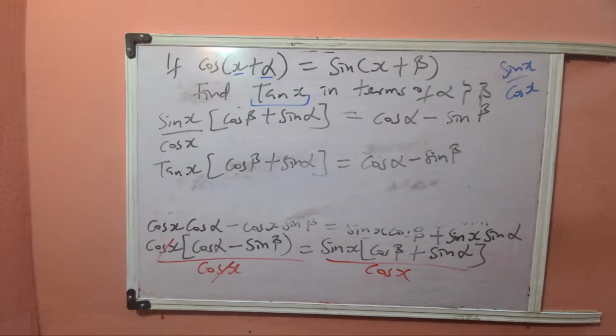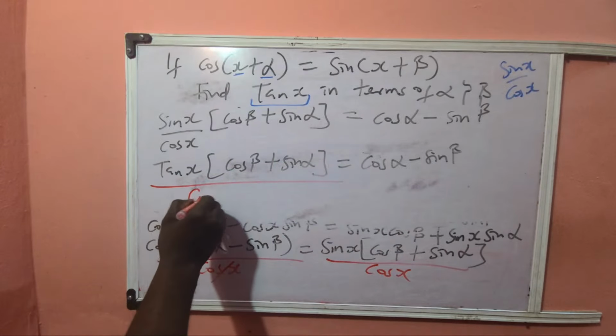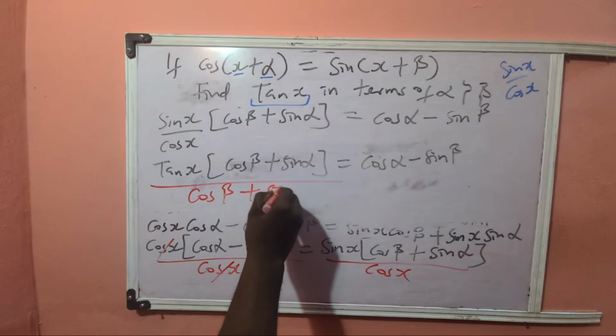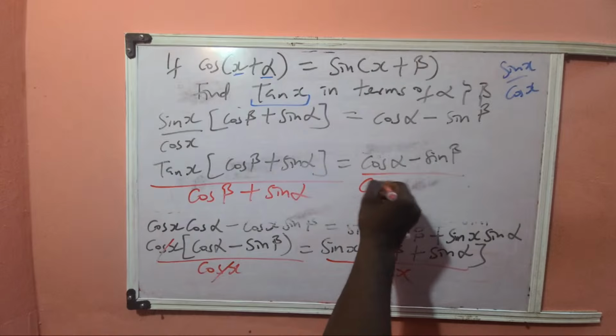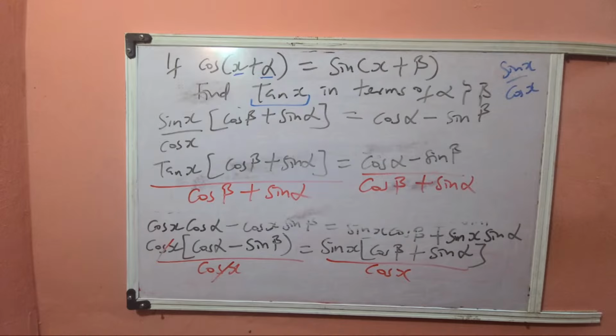Quite interesting, right? So I was going to find tan x. So if I go on to divide both sides now by whatever was disturbing tan x from coming out, which is cos beta plus sine alpha. So I can decide to divide by cos beta plus sine alpha, dividing through both sides. Cos beta plus sine alpha. Okay, now looking at this, I'm sure you guys can see that my tan x is isolated already here.